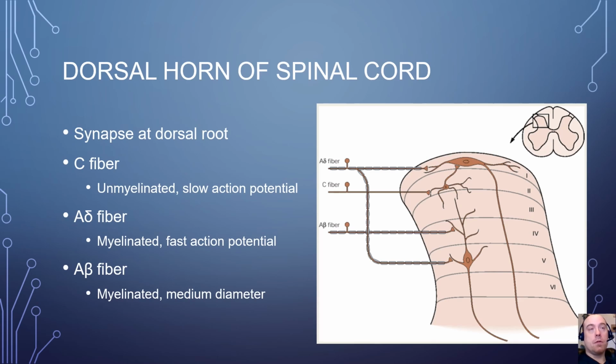Both of those, A delta and A beta fibers, are myelinated. Remember, myelination means it's a faster conduction because you get a much more rapid electrical or basically current flow through those. So this means that there are pain pathways that are fast, that would mean you'd have an instant sensation of pain, and then ones that are delayed.